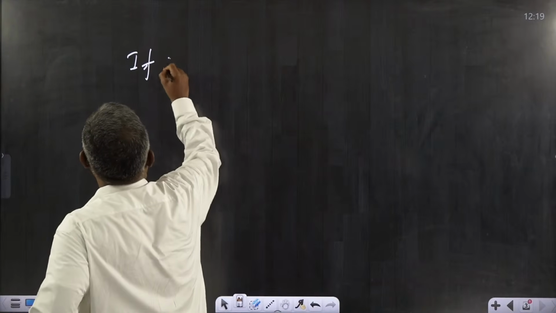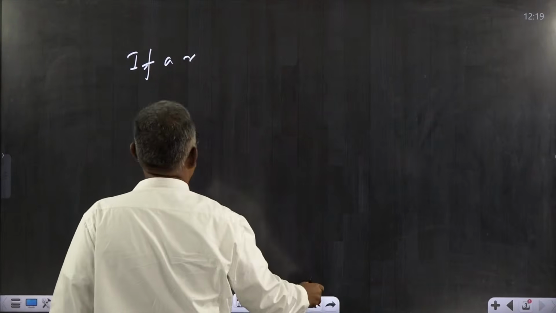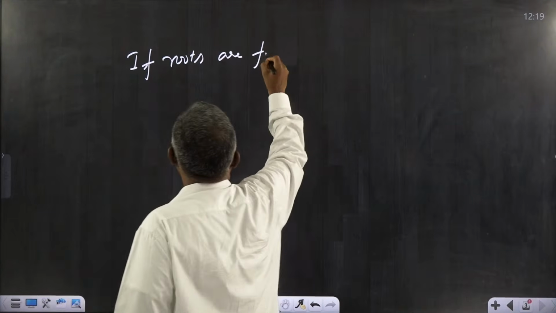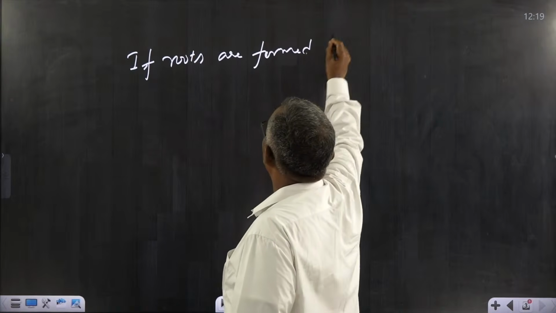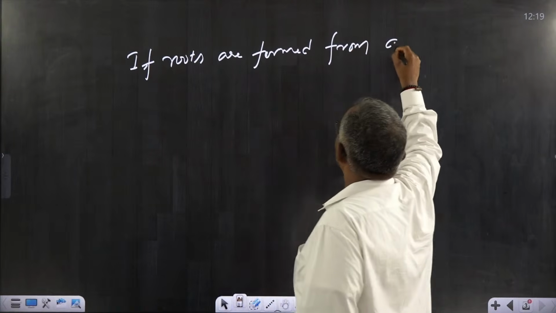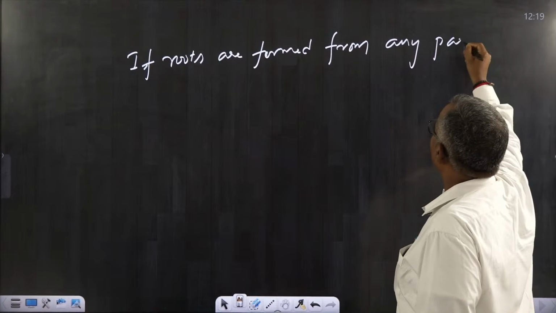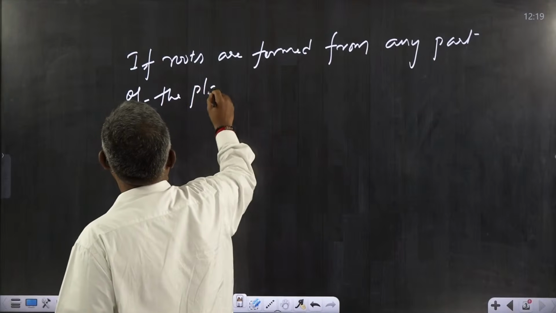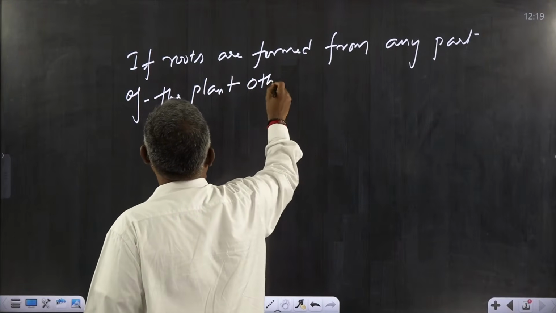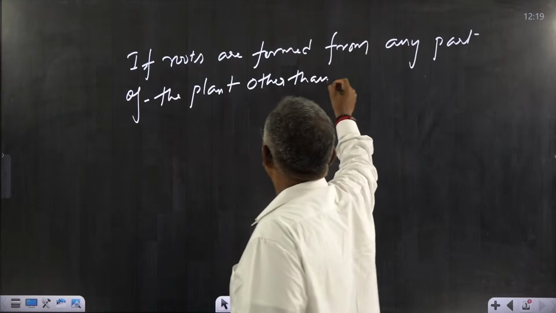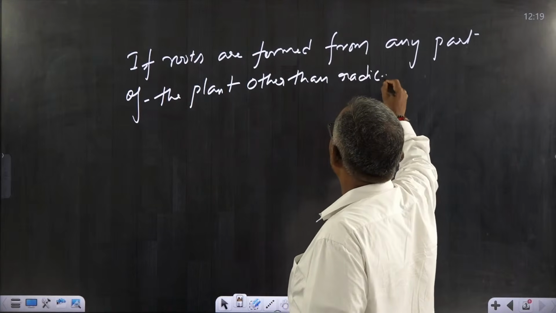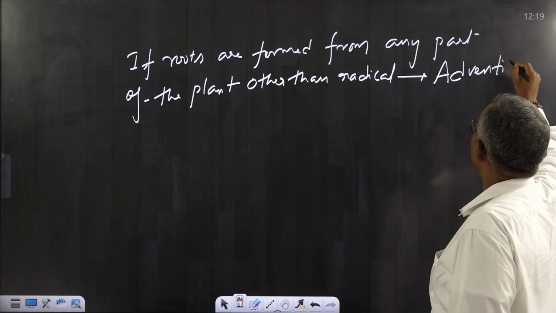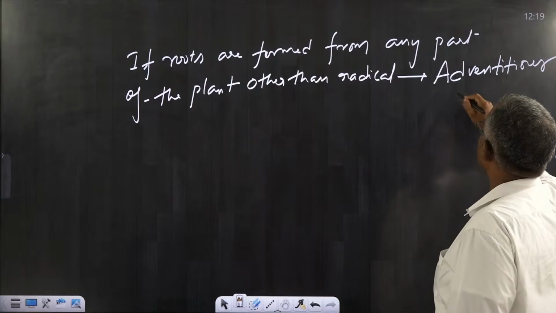If roots are formed from any part of the plant other than the radicle, then they are called adventitious roots.